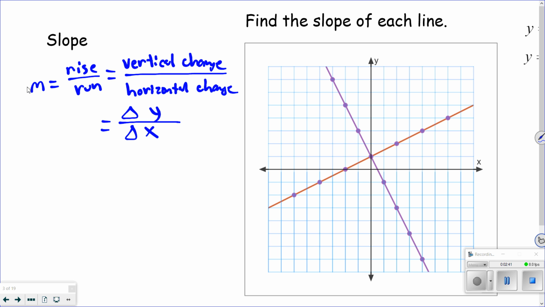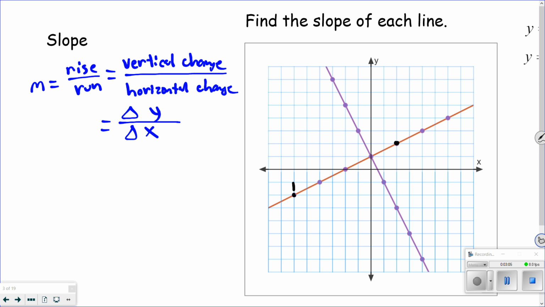If you look at this graph, this is the same graph we had on the previous page. I just put some points on there. Let's start with the red line. You can pick any 2 points along the line, and you can find the slope. You should get the same slope no matter what. Let's say we go from this point to this point. We want to measure the rise, or the vertical change.